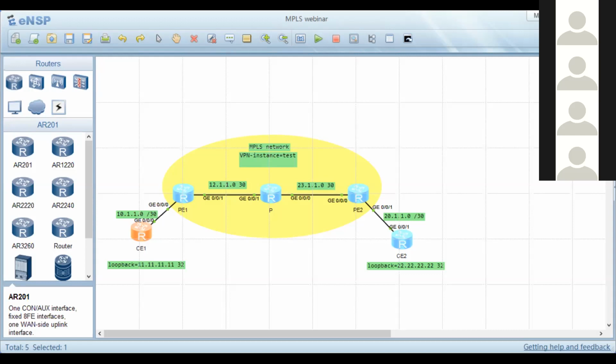Regarding the second question, asking what happens if we configure the same AS number on both CEs, will the routes be advertised and received on each CE? I came across the same scenario.